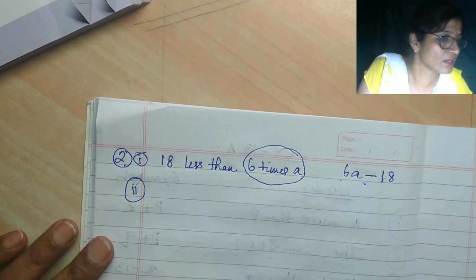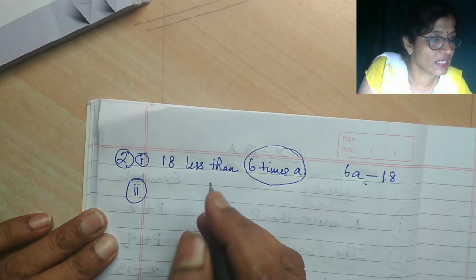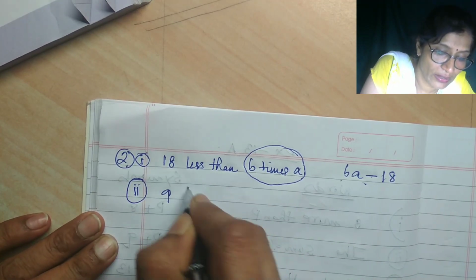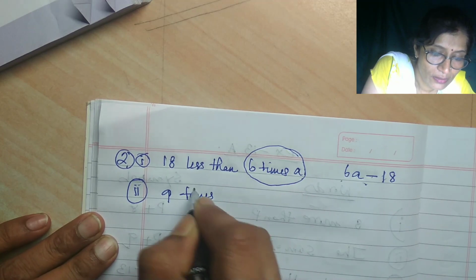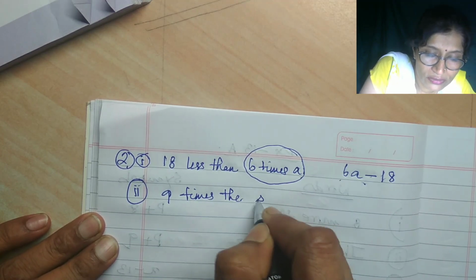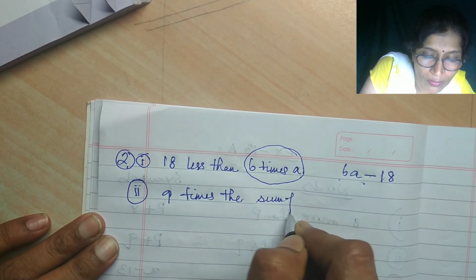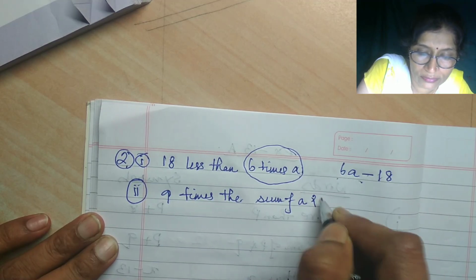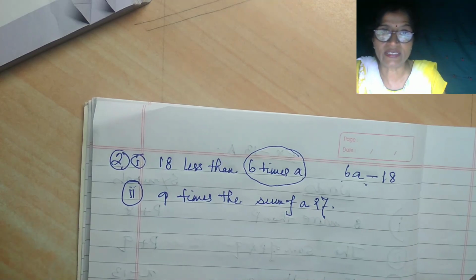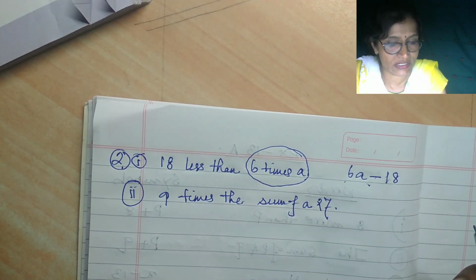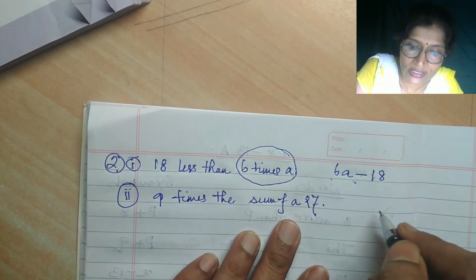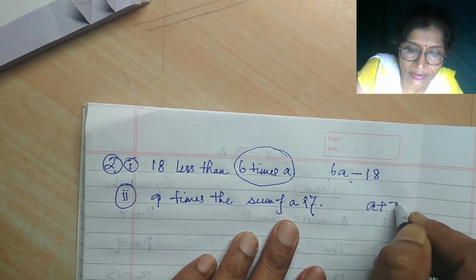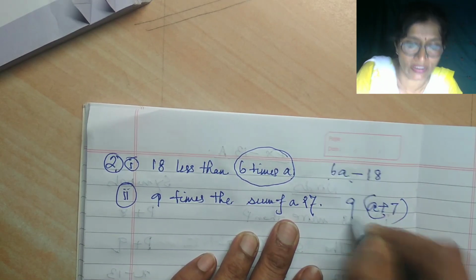Second is 9 times the sum of A and 7. 9 times of what? Sum of A and 7. It means first you take the sum A plus 7 and then 9 times of that.